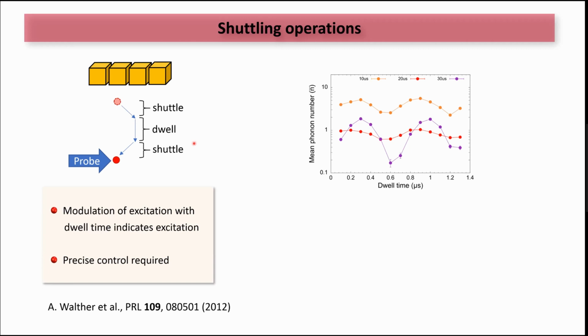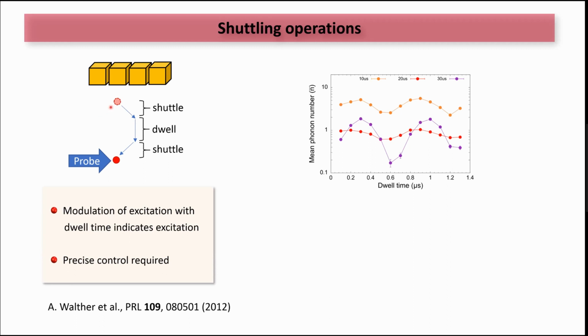Then let me dwell a little bit on the shuttling operation. I could talk about this for hours, but I'll make it short. What I try to point out is where the difficulty lies in operating this architecture.